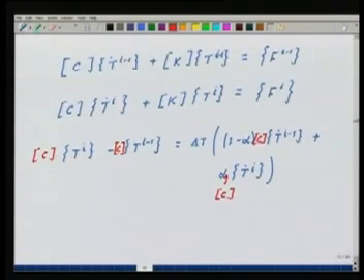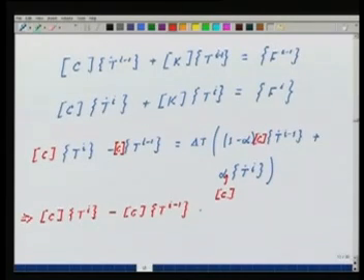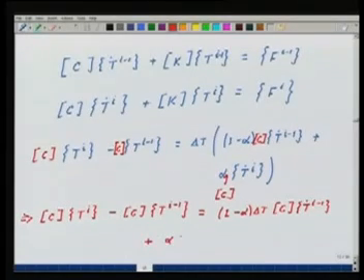So if I operate on both sides with C, we end up getting C into T at the station I minus C into T at the station I minus 1 is equal to 1 minus alpha delta t into C operating on T dot at the station I minus 1 plus alpha delta t C operating on T dot at the station I. Remember that T and T dot at I are not known.